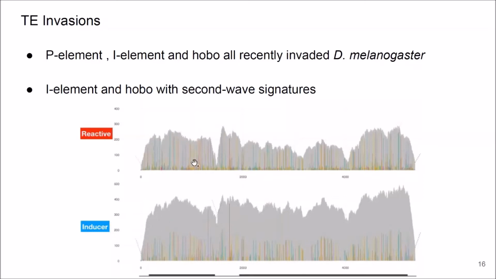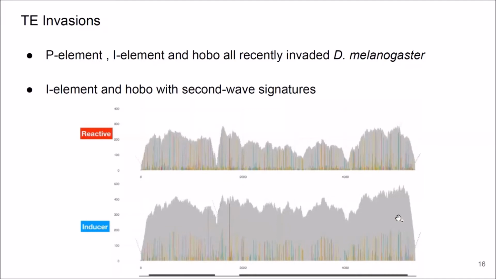The colorful bars here represent SNPs compared to the consensus sequence. This means that it is a very decayed, probably very old sequence that likely cannot produce any proteins anymore. While for the inducer strains, you have a bunch of gray area on top, which means those are rather new sequences that are likely still active. Additionally, it also has a couple of very old sequences.